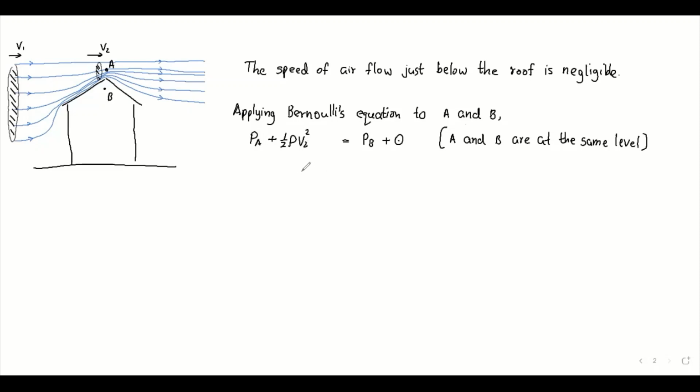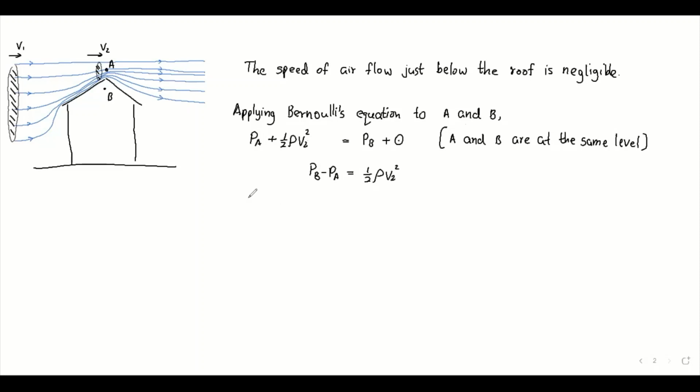Right, so the pressure difference we can get: PB minus PA. From this you can see that PB is greater than PA, and the difference is half rho V2 squared. This is the pressure difference, right? So you can get the pressure difference and multiply that by the area.